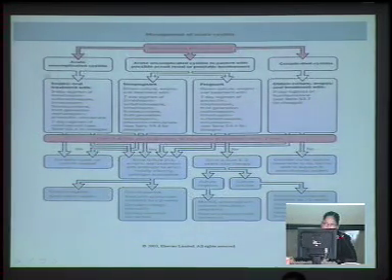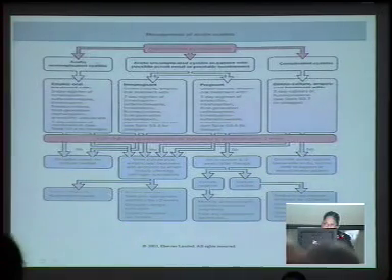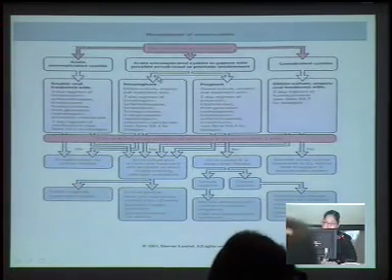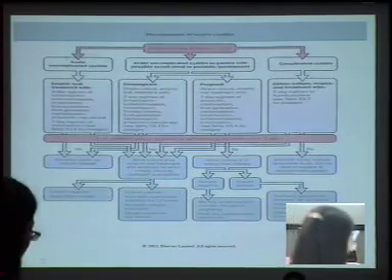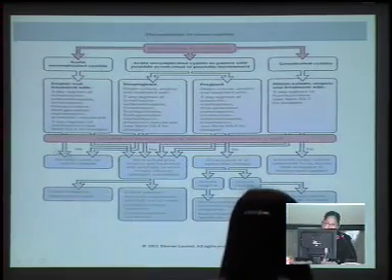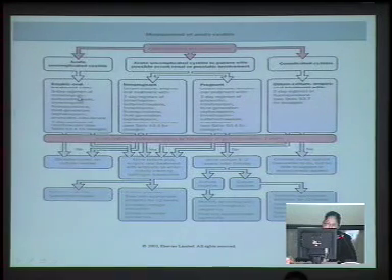You would have to evaluate whether they have what we call complicated or uncomplicated cystitis. If uncomplicated, meaning they don't have any underlying disease, they're healthy, then you give them oral antibiotics for 3 days. Most of the time it is E. coli. Or if they have uncomplicated but the patient has some kidney disease or prostate problem, which is common in older men, or if they're pregnant, then you must treat them 7 days.